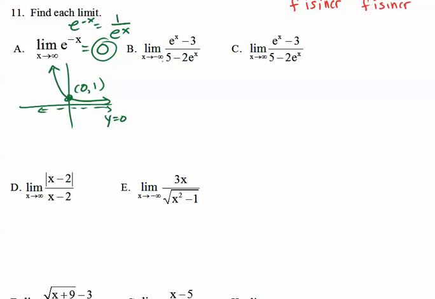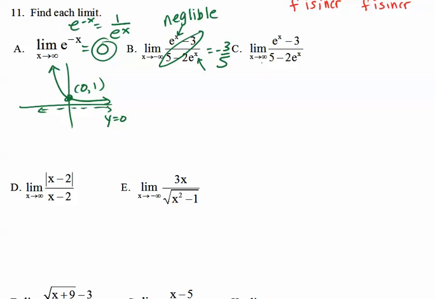And our limit here as x goes to negative infinity, when our exponents become negative billion, these two terms become negligible. So these terms become negligibly small when the exponent is very negative. So we would end up with negative 3/5.